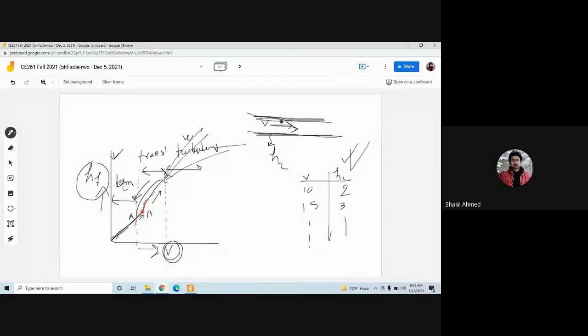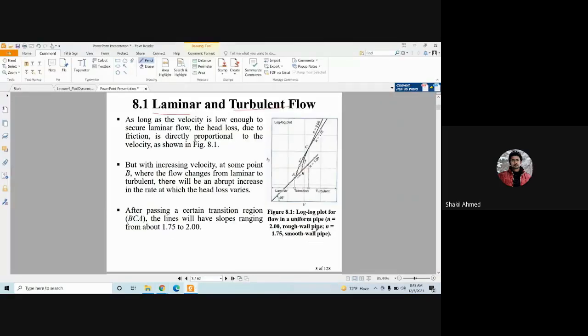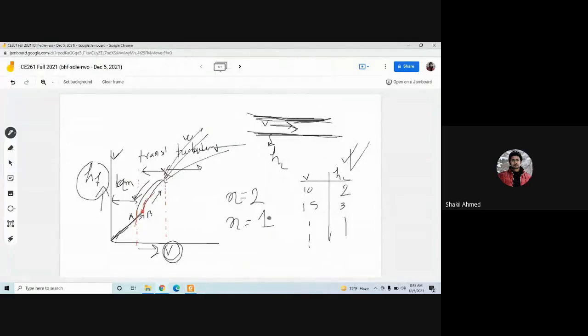If the surface is very rough, then the value of n will be, let's say, 2, and if the surface is smooth, then n might be 1.75.